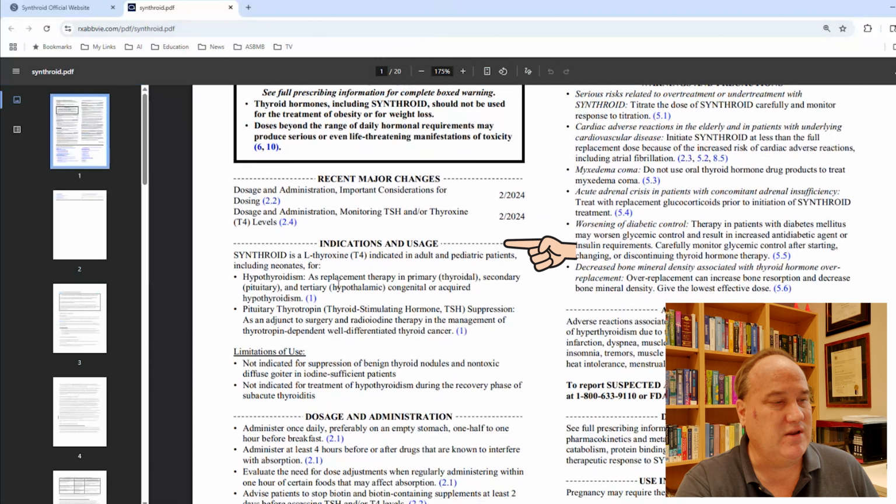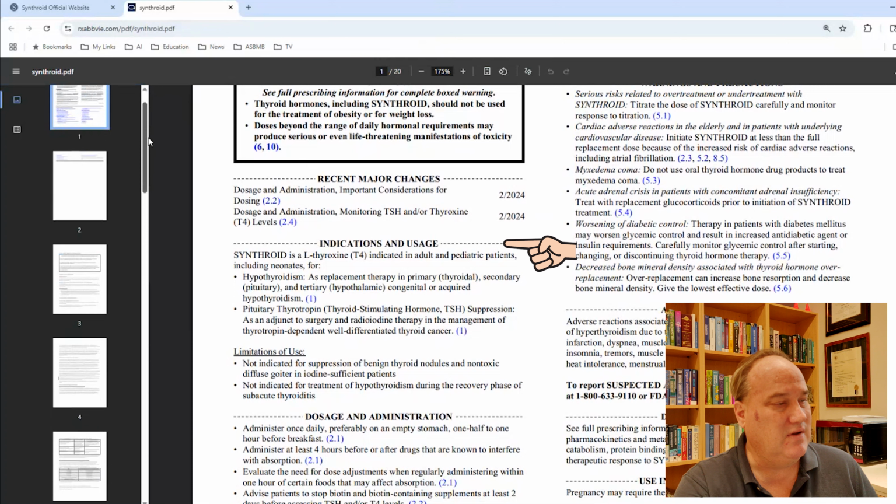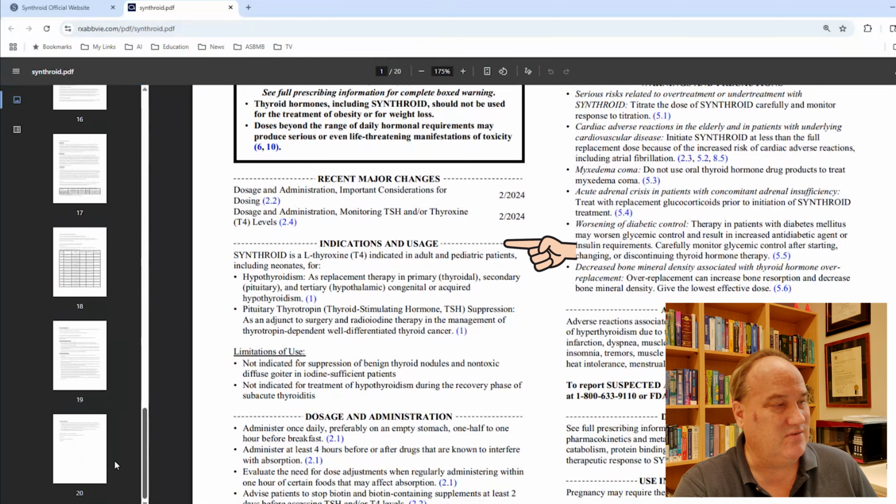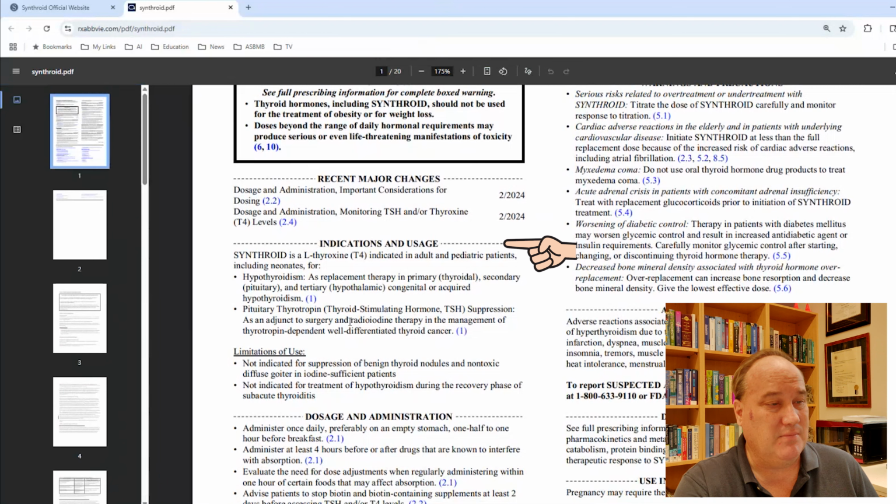Now, in the summary, you're going to see the major ones here, and then, of course, the actual document is pretty long. It's 20 pages long, right? So that's why it's really important to see some of the summaries here.